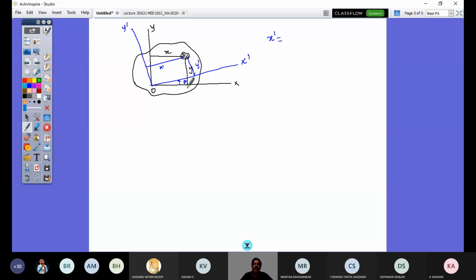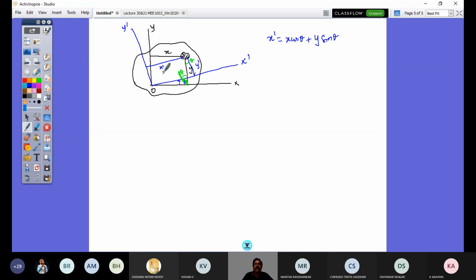If I drop from here a perpendicular that is parallel to the y' axis, this angle is again theta. This angle is theta, this angle is theta. Now I can write my x' as x cos theta plus y sin theta.